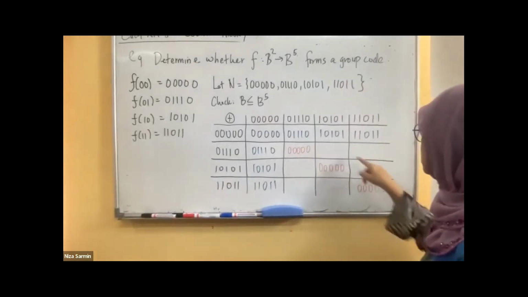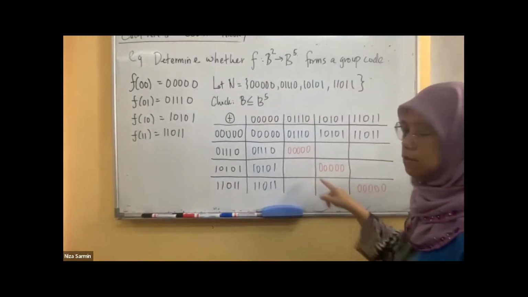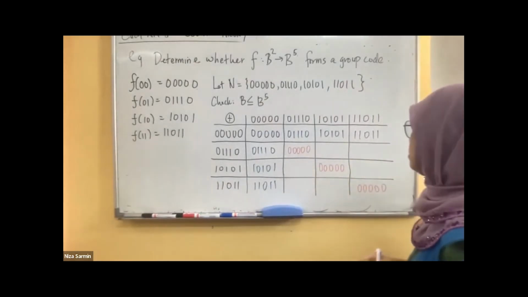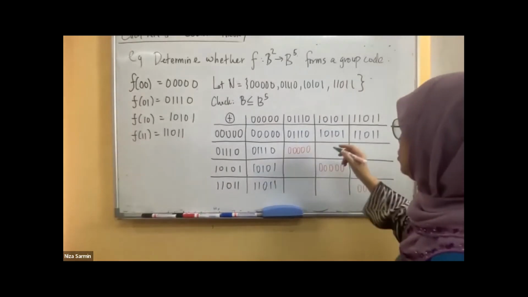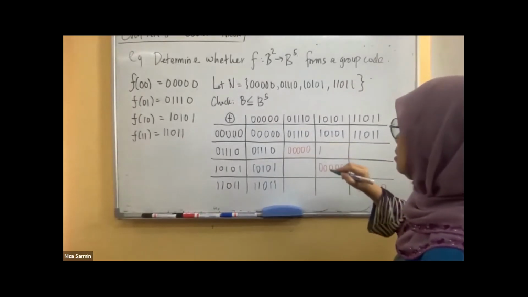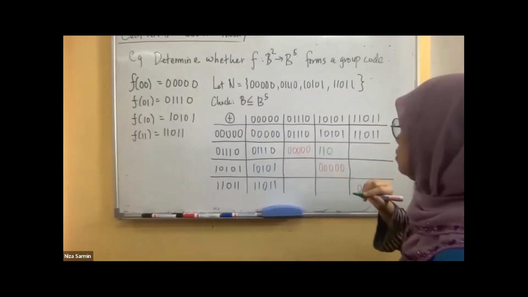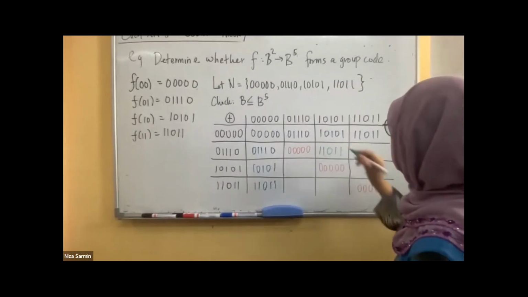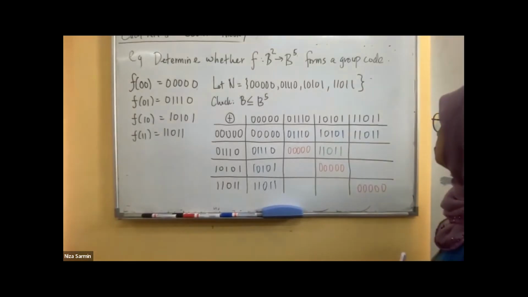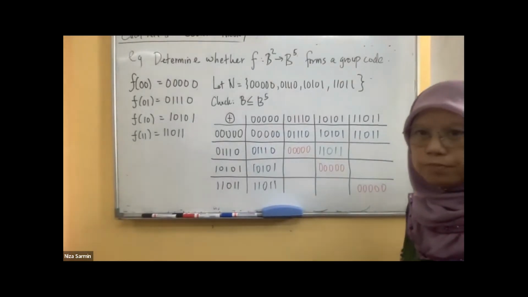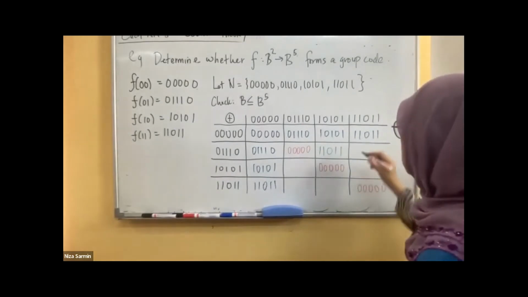So I have only these three to add, and then I can fill out this. So the first one is 1. The second one is 1. The third one is 0, 1, 1.